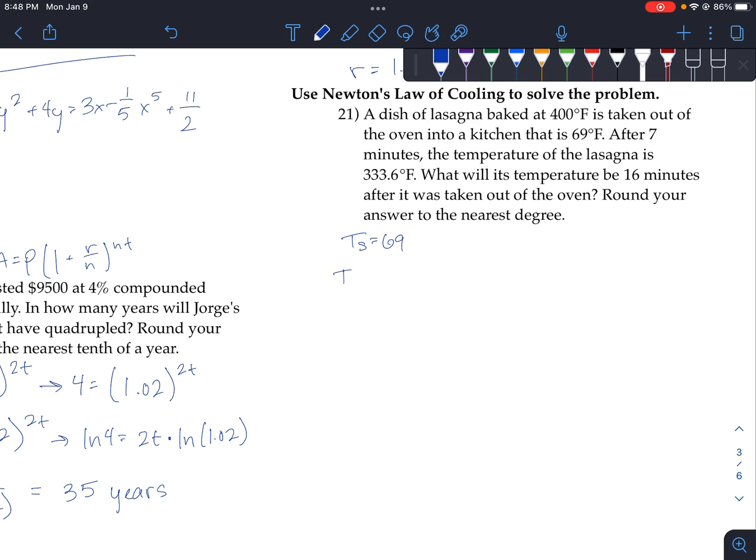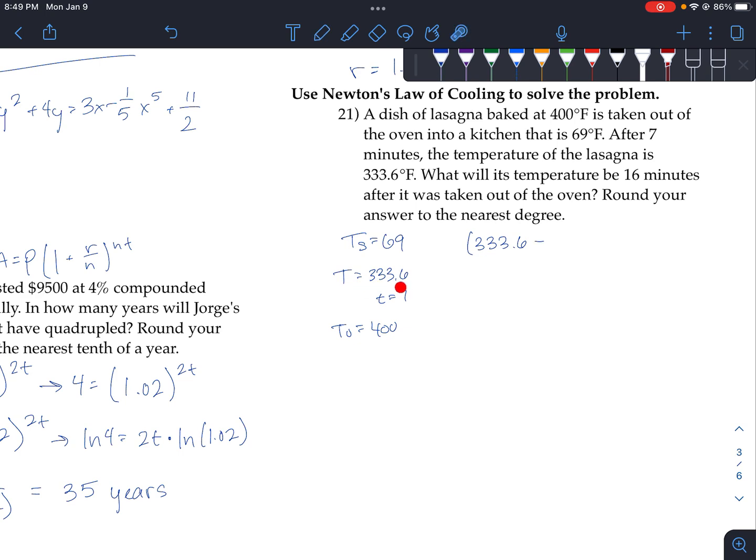So the temperature would be equal to 333.6 degrees, and that's after 7 minutes. Okay, the initial temperature is the 400 degrees when it was in the oven. Okay, what will its temperature be 16 minutes after? Okay, so the equation goes as follows. So 33.6.